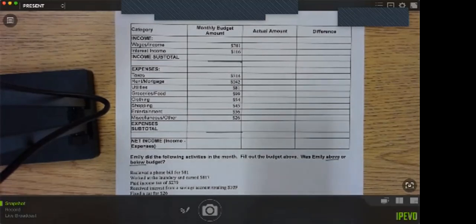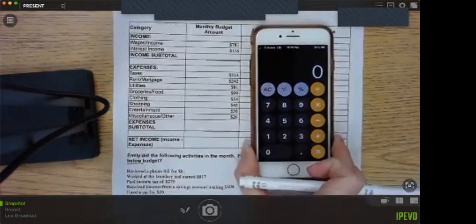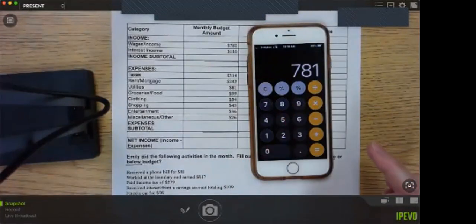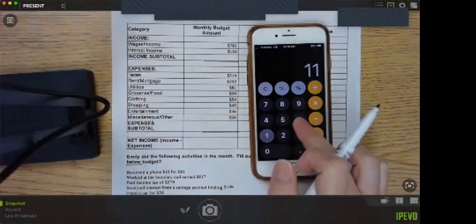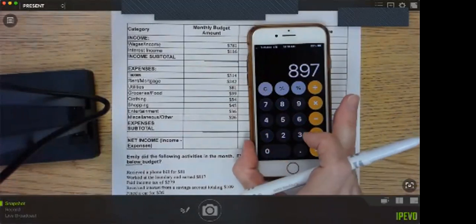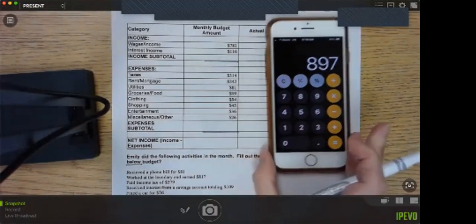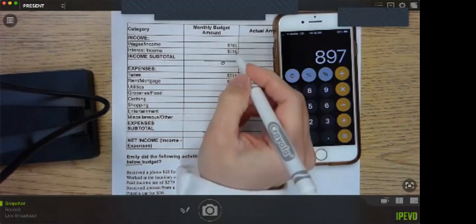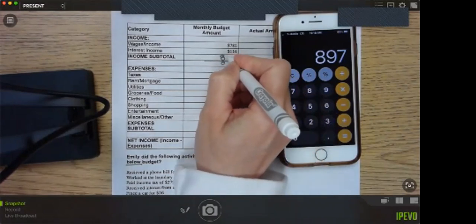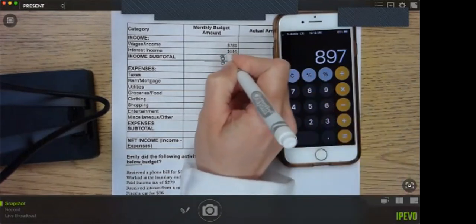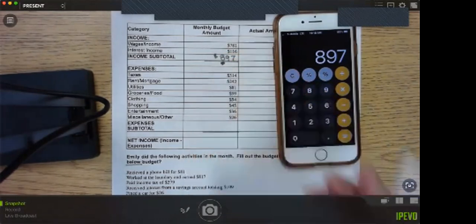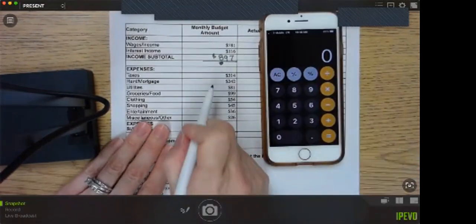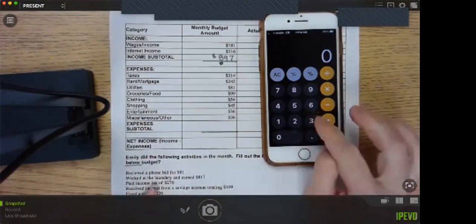So the first thing, we're gonna take the calculator and add 781 plus 116 equals $897. That's how much she budgeted for. Then we're gonna take a look at her expenses. These are the amounts that she budgeted for.